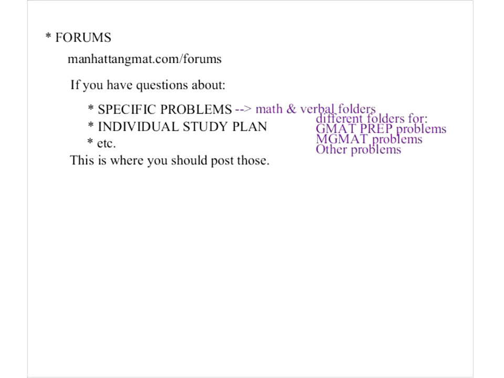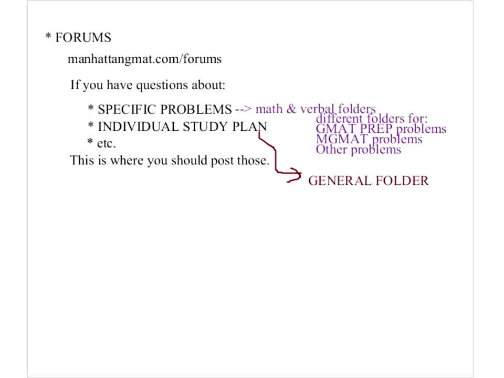The reason being, if you just send a private email, then only you can see the answer to it. But if you're asking about a problem, then you would rather post something that 1,000 other people can see also, because that's what the forums are for. Same thing with individual study plans. Individual study plans are best posted in what are called the general folders.